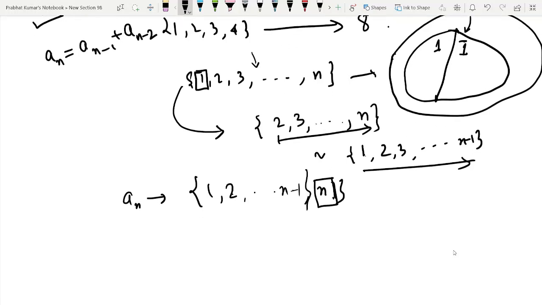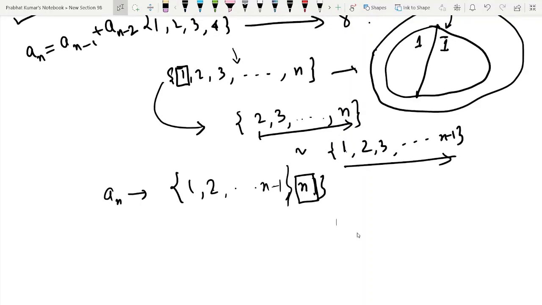So let's come back to the original problem we are discussing. Now we have just considered the numbers that do not contain 1 in their subset. So the numbers are consecutive subsets from these numbers, 2 to n. For the second case, we are considering the numbers that must contain 1. So it must contain 1, and maybe some other elements from the rest of the numbers.